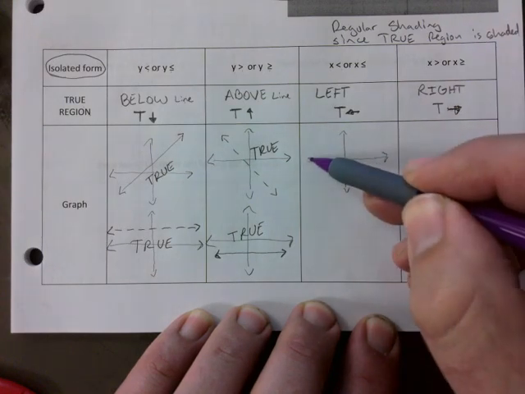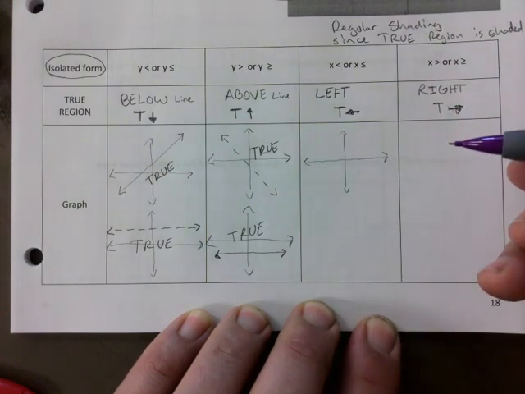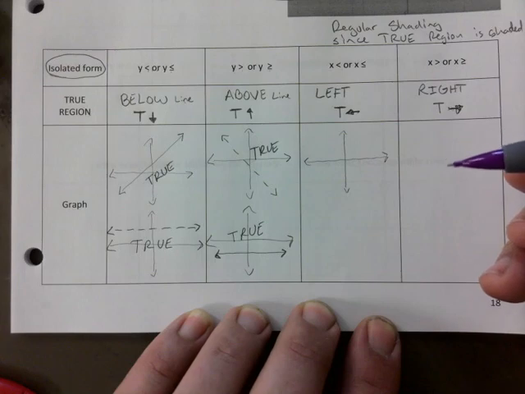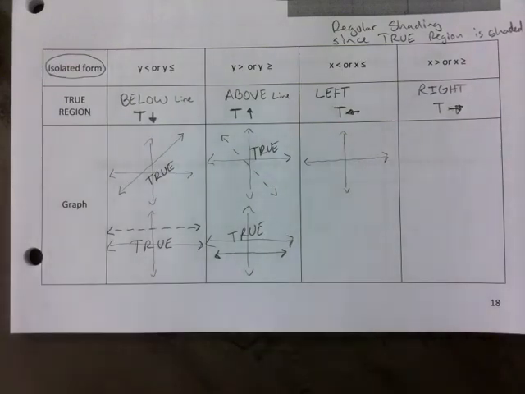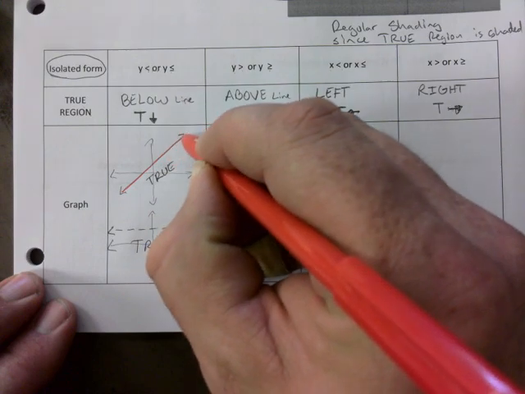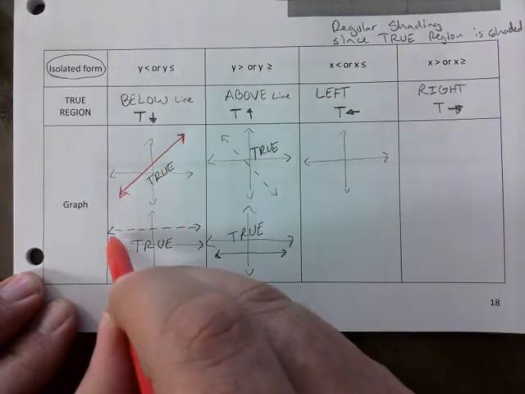Here I'm only going to have one graph, okay? I maybe should have used a red pen to really emphasize the actual line.